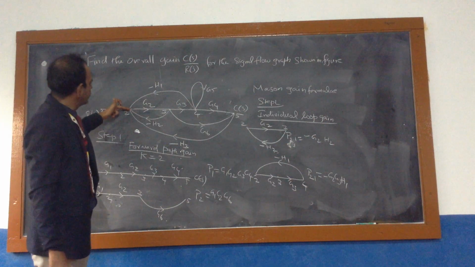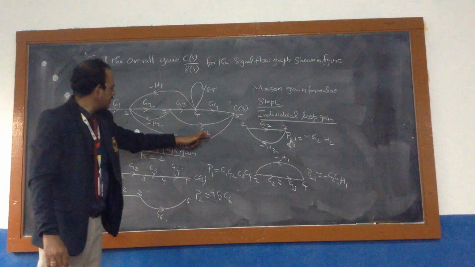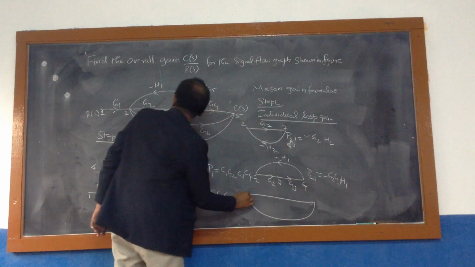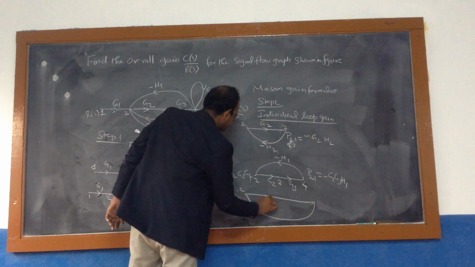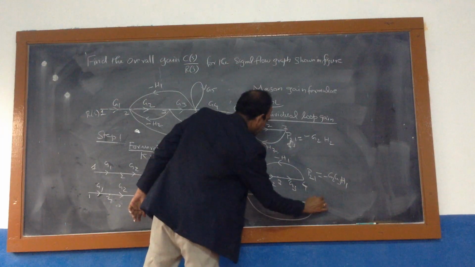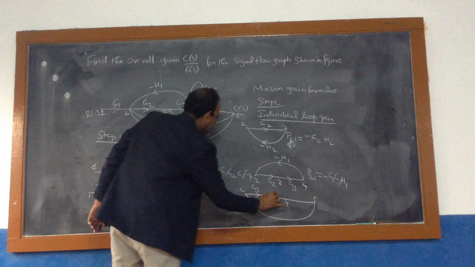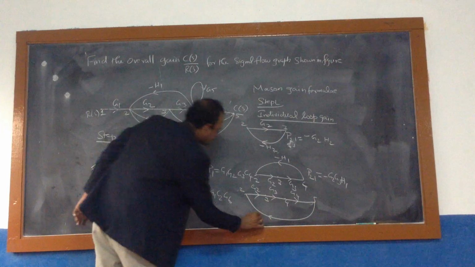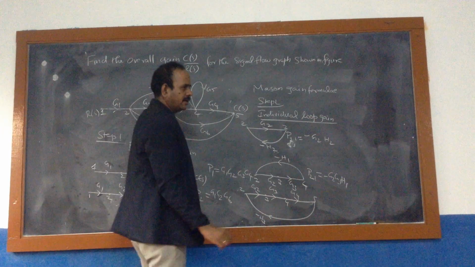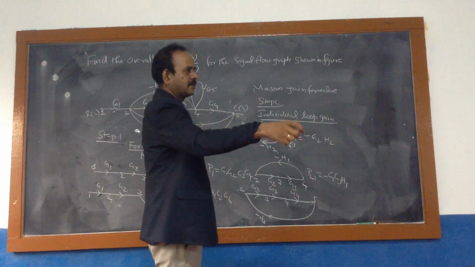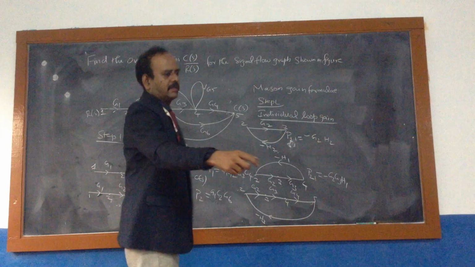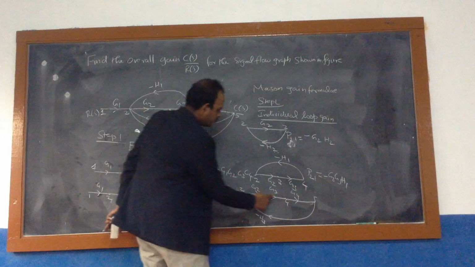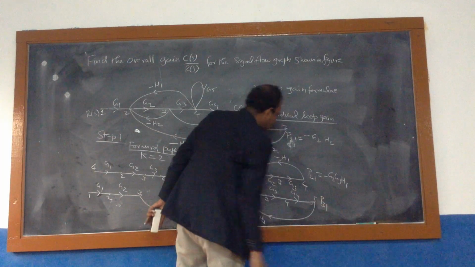Similarly, see the third one. The third one you can form with G2, G3, G4 up to 5 minus H3, starting with the 2. 2 to 3 gain is G2, 3 to 4 gain is G3, 4 to 5 gain is G4, the feedback is minus H. So you can have the third individual loop, G2, G3, G4 minus, the third one I mention by 1.